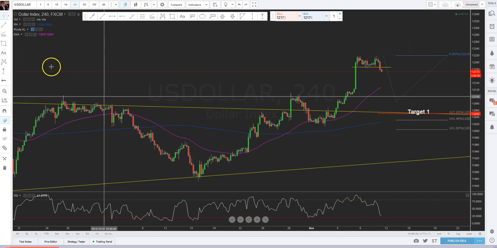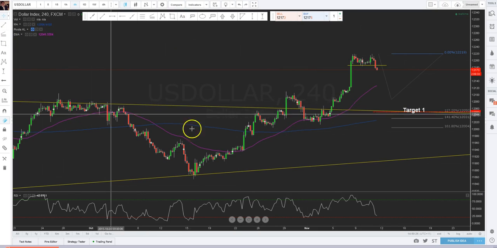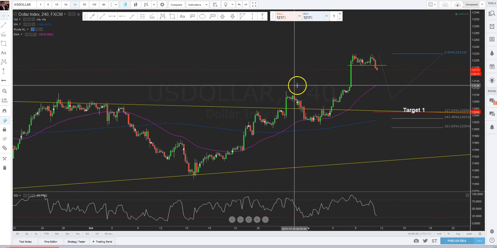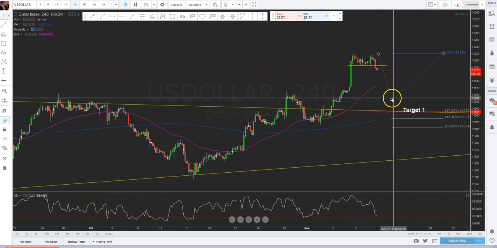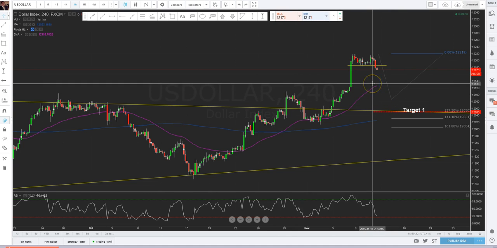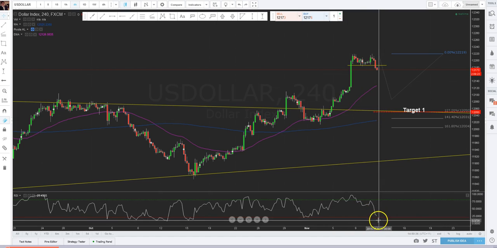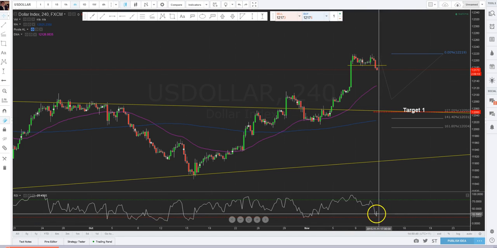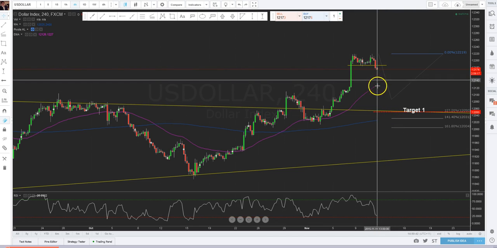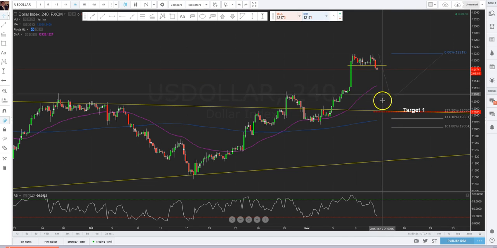At a minimum, a target of at least this area here is possible, and you can get extended targets. You've got RSI that's almost oversold on the 4 hour, so you can still get a pretty big move there.